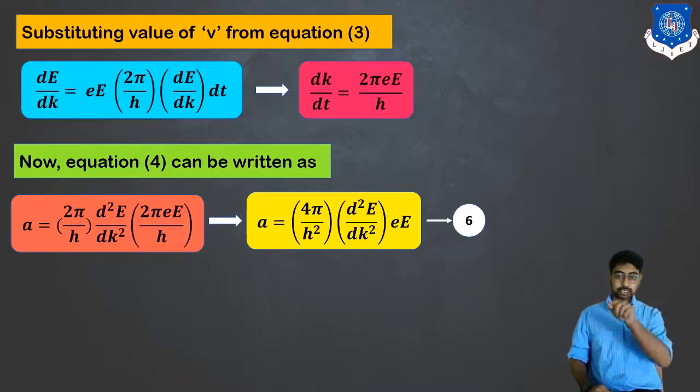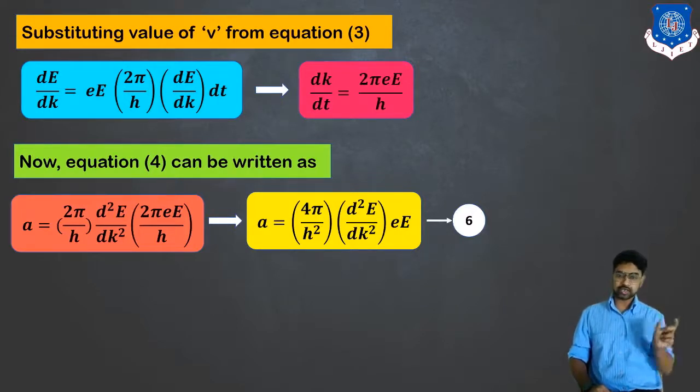Okay, so whatever the term that is present in this context, 2π eE upon h, would be nothing but dk/dt. Now equation 4 can also be rewritten in the term of acceleration. Okay, so we are just replacing that dk/dt in our context. So now a will become equals to 2π/h d²E/dk² into (2π eE/h).